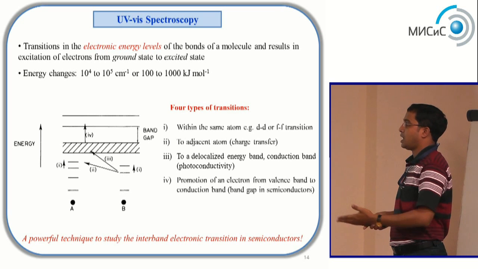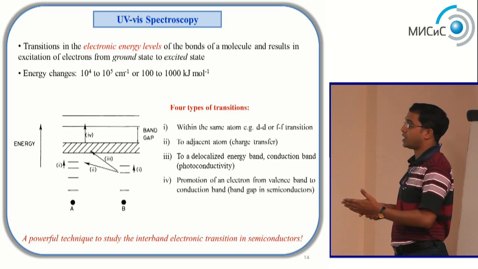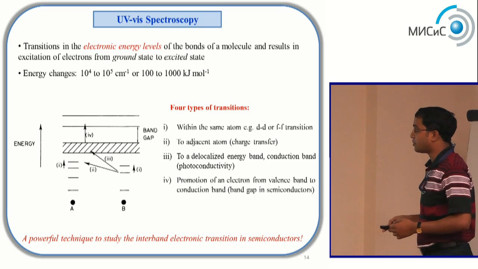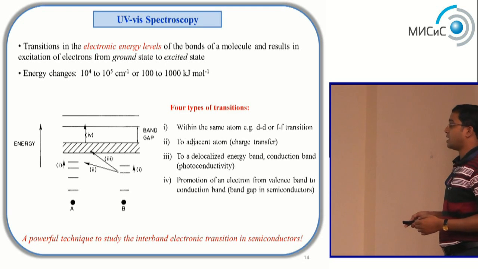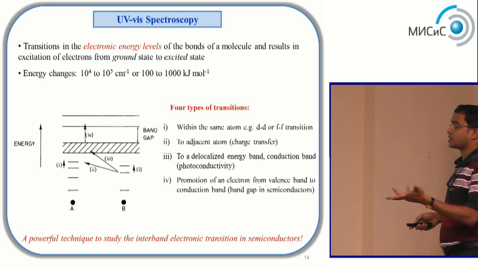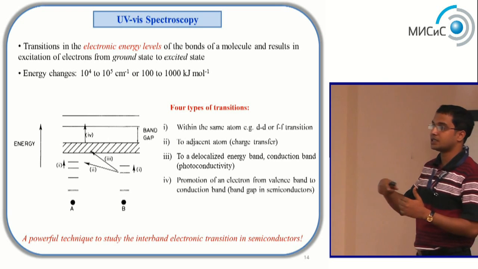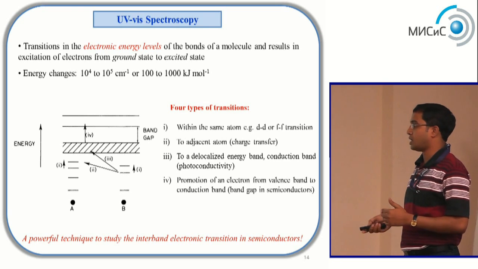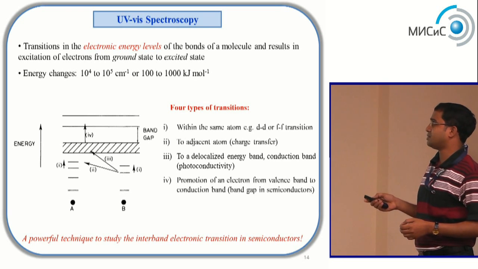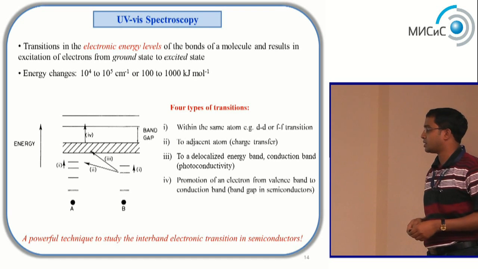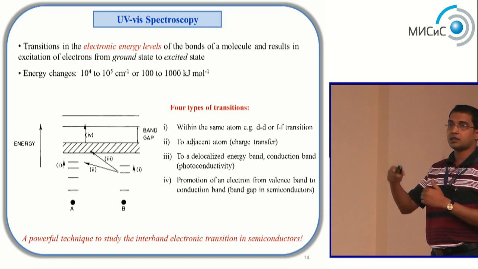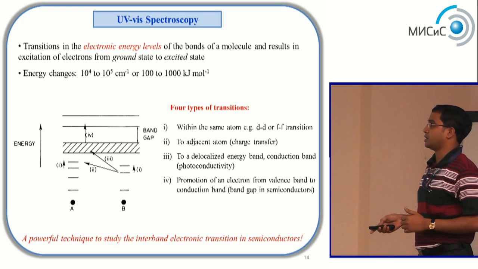And third one, from one state to another state. And the fourth one, state to another state. We are interested only in the fourth one because it's the electron from valence band to conduction band. This shows the exact nature of the semiconductor for our purpose. So it is a powerful technique for measuring the interband electron transition for semiconductors.